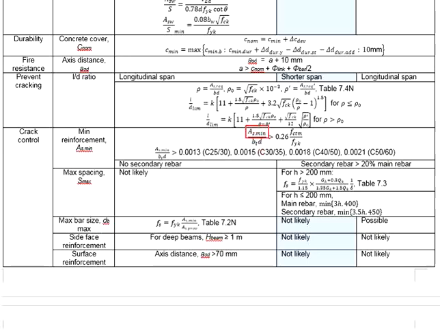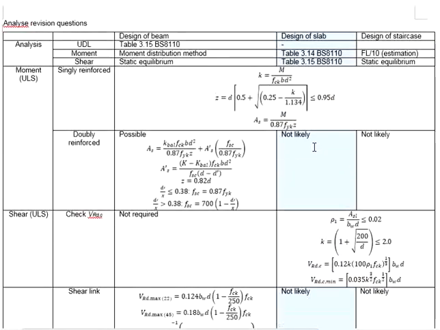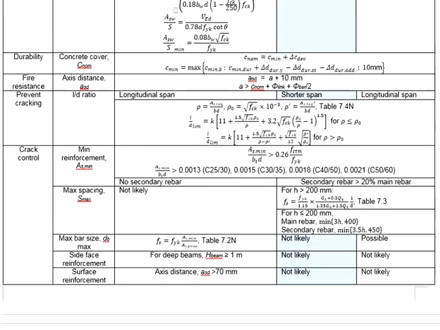Normally, we calculate the AS-min after we have done the design for the moment resistance. Based on the AS required and the amount of reinforcement bar provided that we have decided, make sure the amount of reinforcement bar provided is always greater than the AS-min.